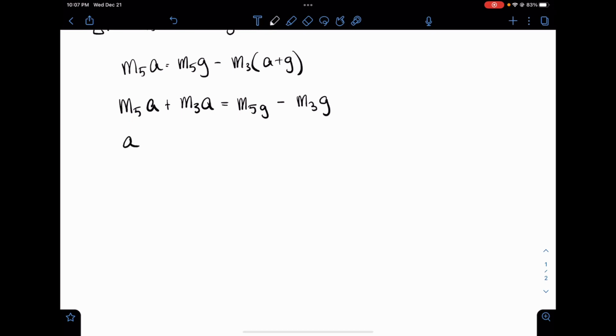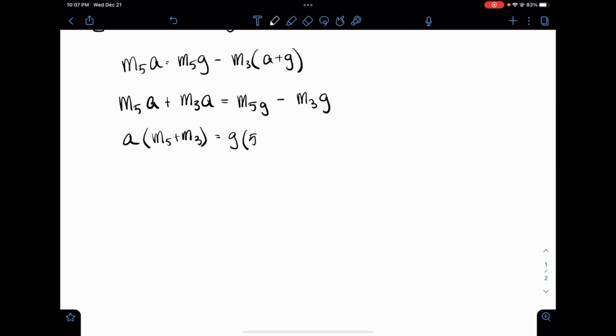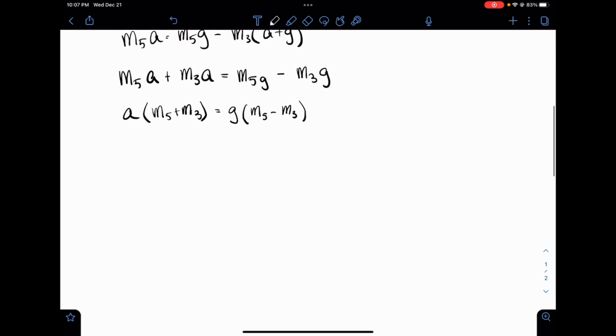So I can pull out my a, and I'm going to get m5 plus m3, or the total mass of the system, and that's going to equal the acceleration due to gravity times block 5's mass minus block 3's mass. And that means our acceleration is going to equal the acceleration due to gravity times this fraction.